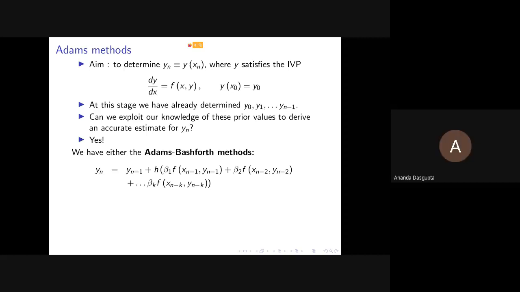Wait a minute. You already know the points before, right? You did not get to yn just like that. You got to yn minus 1 by calculating all the previous points. Suppose the 10th y, you didn't get it directly from the 0th y.